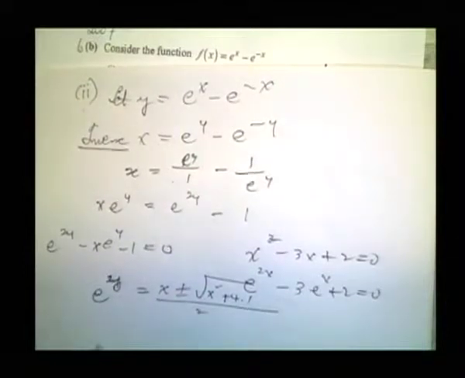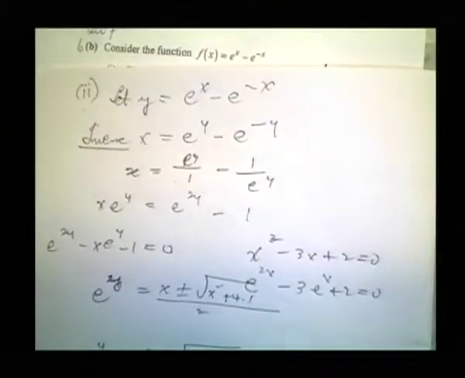So I'll put this down clearly: e to the y is equal to x plus the square root of x squared plus 4 over 2, or e to the y is equal to x minus the square root of x squared plus 4 over 2.